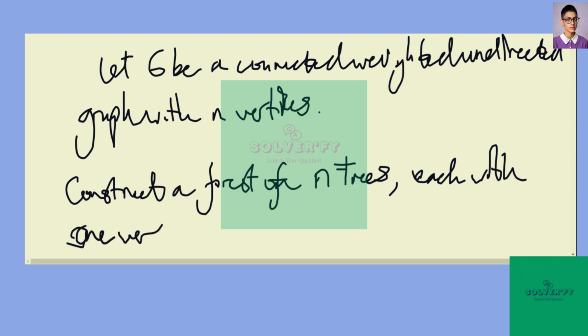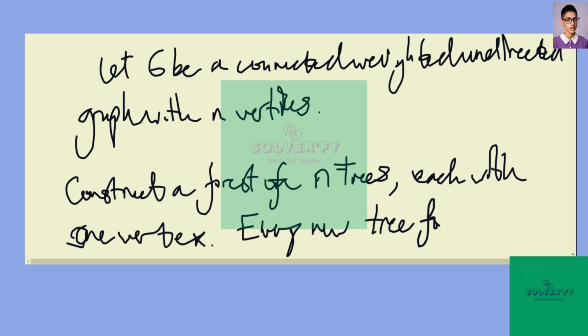This is just the first step of the algorithm. Now we have that every new tree that would be formed in the first step will contain at least 2 of the n trees.